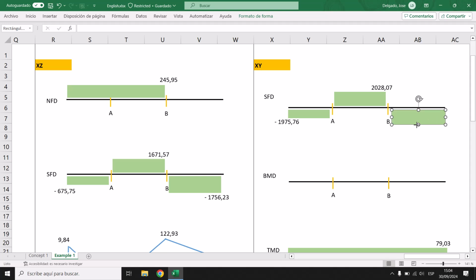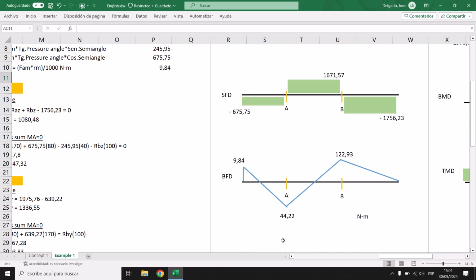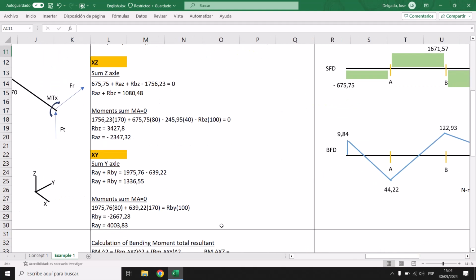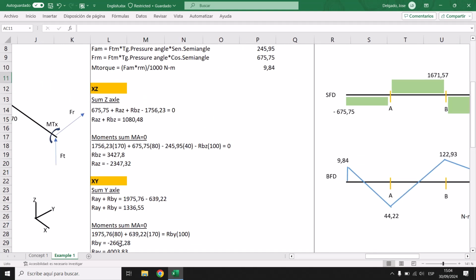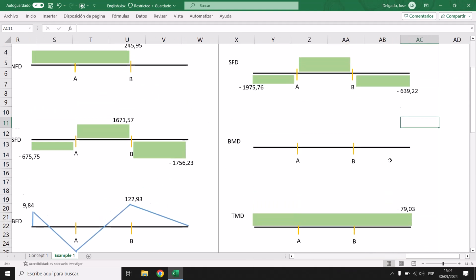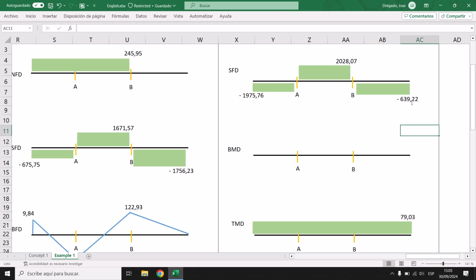We're going to have here our last value, minus 639.22. Because B is 2067. So if you just calculate this, you're going to have this.